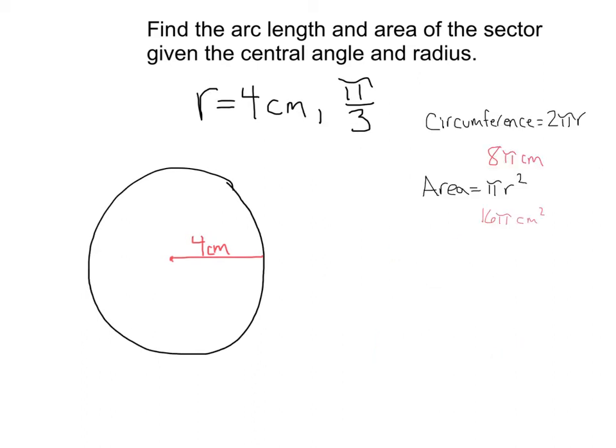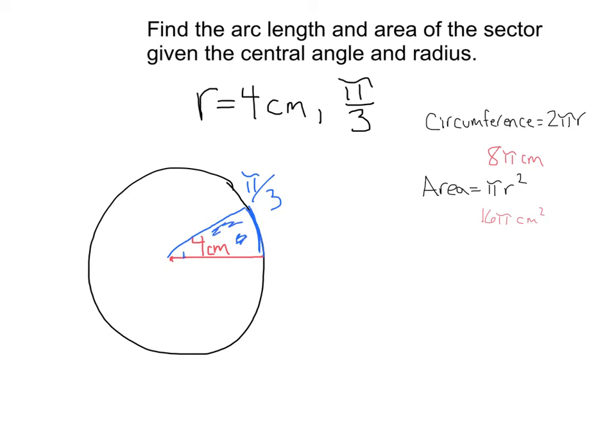Next, let's go ahead and find out what part of the circle we're dealing with. We're dealing with the part of the circle that has an angle of pi over 3. So pi over 3 I know is somewhere around here. Now it's not necessary for you to draw this picture, but I'm just drawing to help you visualize it. So we want to find the arc here and the area that's inside this sector.